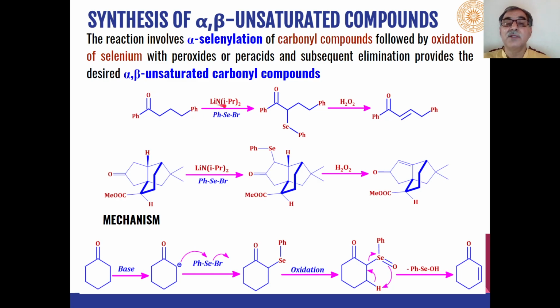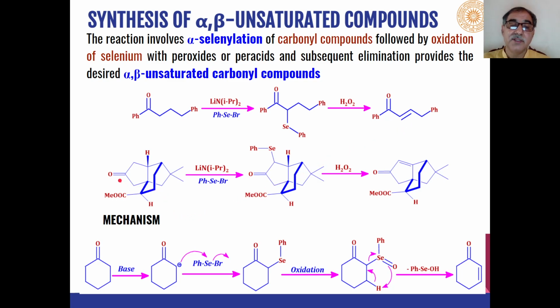So when these are reacted with a strong base like lithium diisopropylamide, the proton from here will be removed by this base and a carbanion will be formed at this place, and that carbanion will act as a nucleophile and react with phenyl selenium bromide, and we will get these types of alpha selenation intermediates. And these alpha selenation intermediates on oxidation with peroxides or peracids are converted into alpha beta unsaturated ketones as well.